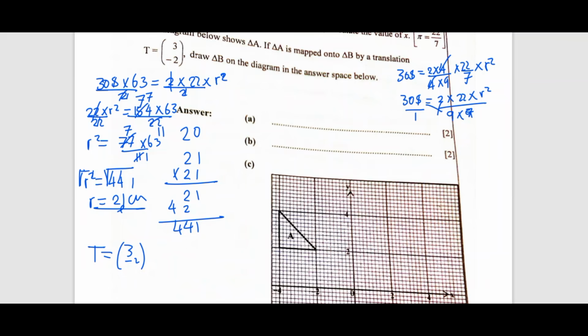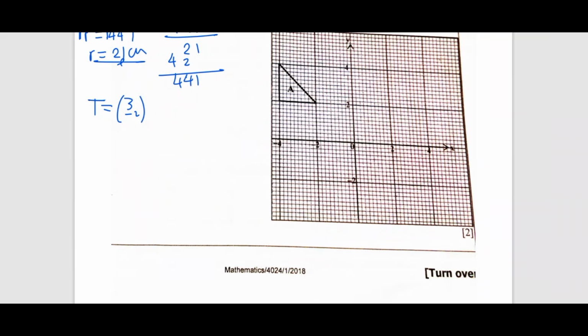Okay, so let's find the coordinates for each point. This point is -4, 2. For you to find the image, where the image will be formed, you add the translation vector.